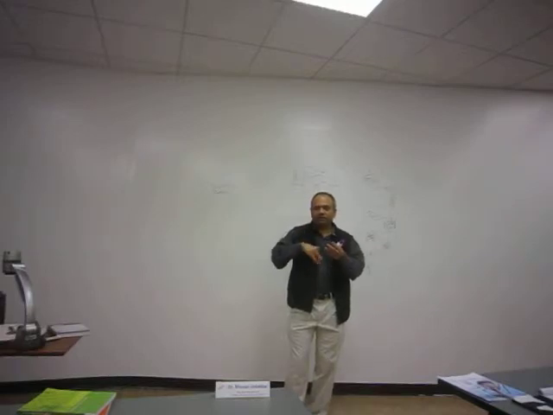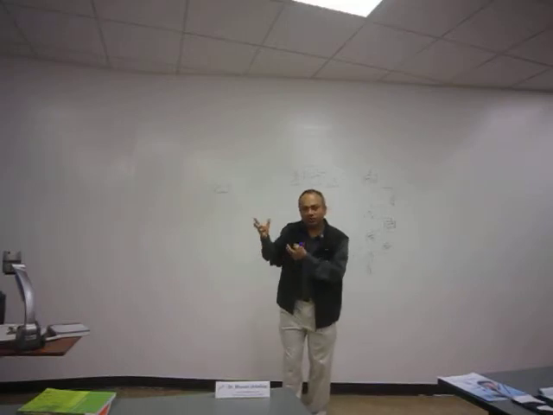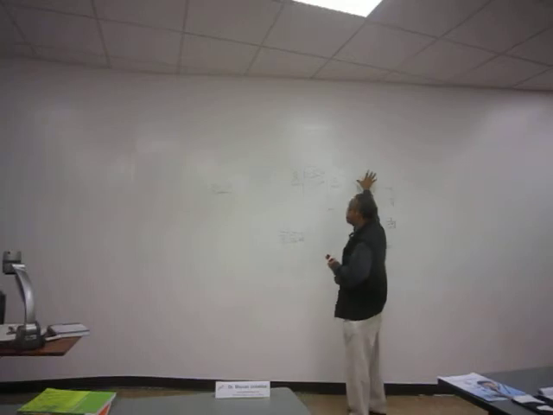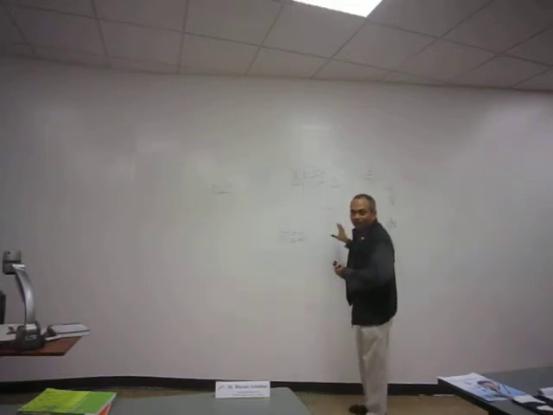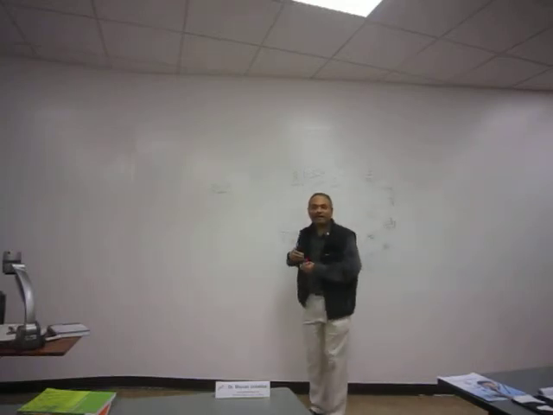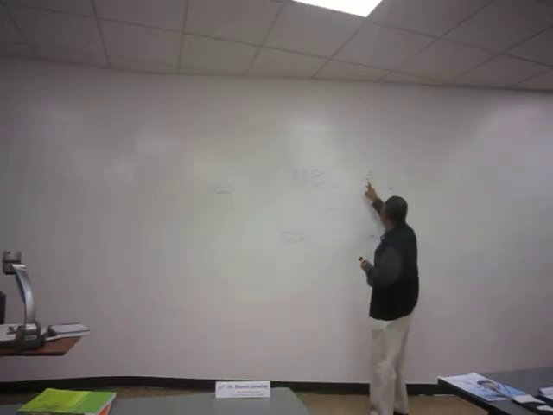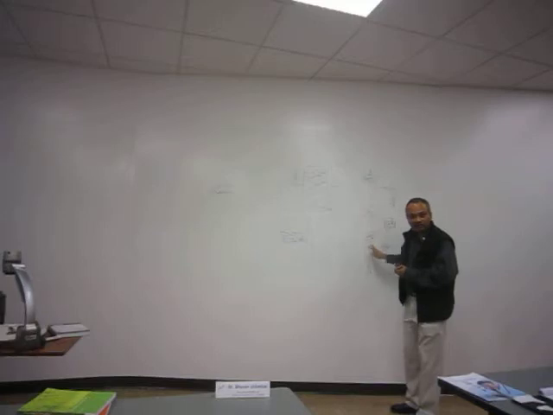The reason why we don't call this sequence diagram and we have another sequence diagram, because this is a generic flow, whereas a sequence diagram is an instance level diagram. Here, we don't have any objects. There are no objects on an activity diagram.